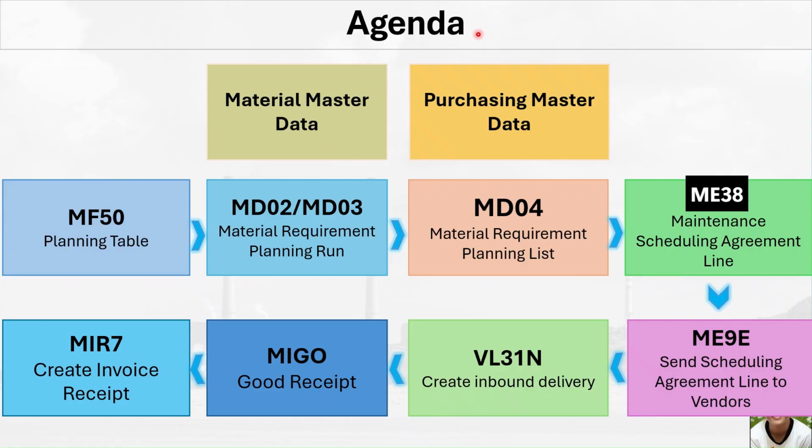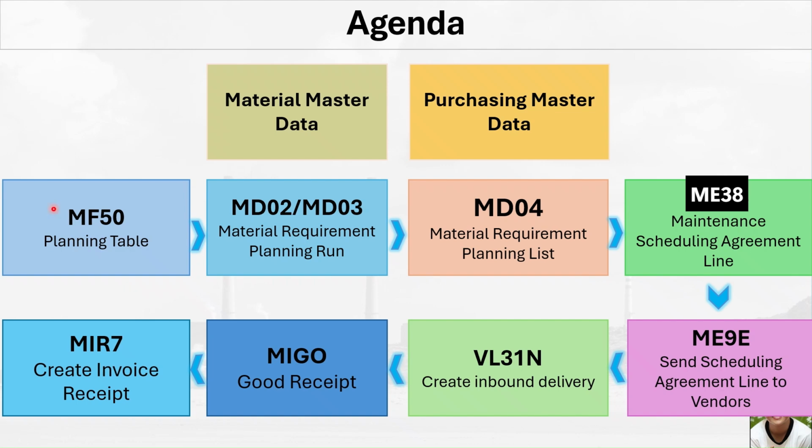So this is the agenda for today. First of all, we have two kinds of master data: material master data and purchasing master data. After you prepare all the master data, next is the flow of the scheduling agreement procurement process.